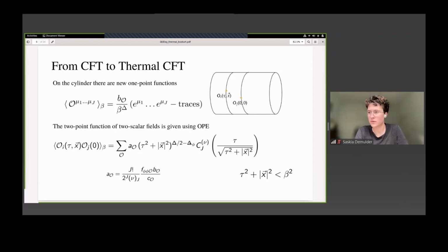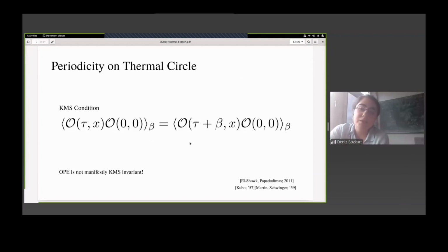Yes. And then on top of this, we also have a periodicity relation coming from the fact that we have a compact direction in our thermal CFT. And so the fact that we have a circle in the background tells us that every correlator that we will consider needs to satisfy this periodicity relation.